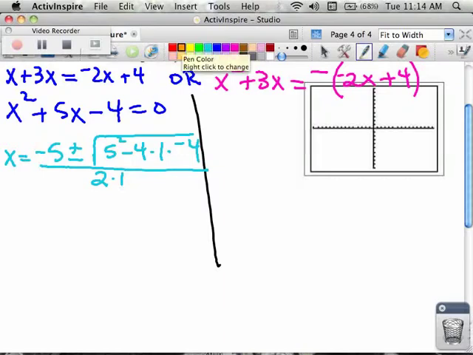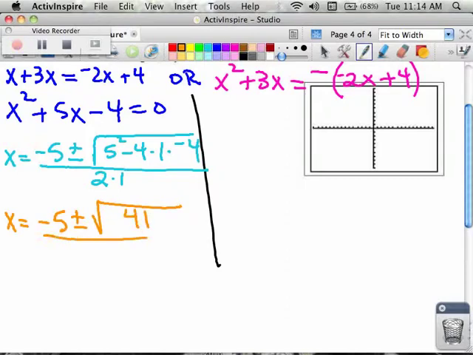And then I just simplify it. So x equals the opposite of b plus or minus the square root of, and this is 25 when I square the 5. -4 times 1 times -4 is 16. So I put those together and I get 41. And that's all over 2.